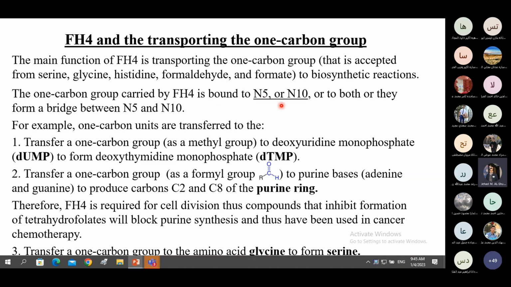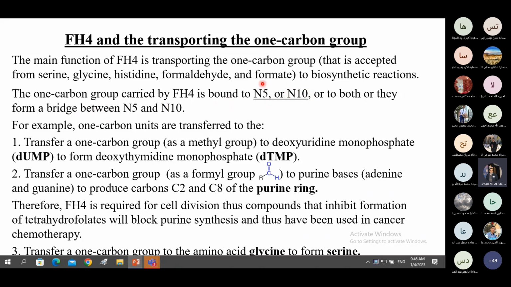To N5 or N10 in the FH4. So FH4 takes a one carbon group from one of these molecules, and this one carbon group is attached to FH4 atom N5 or N10, or a bridge between them.